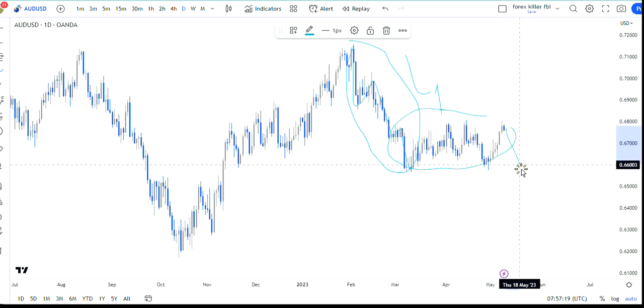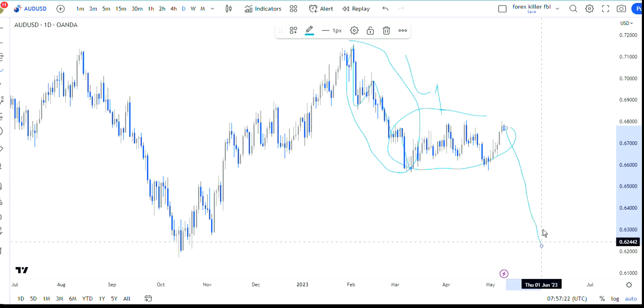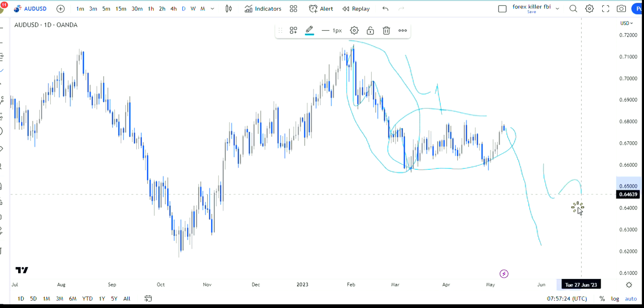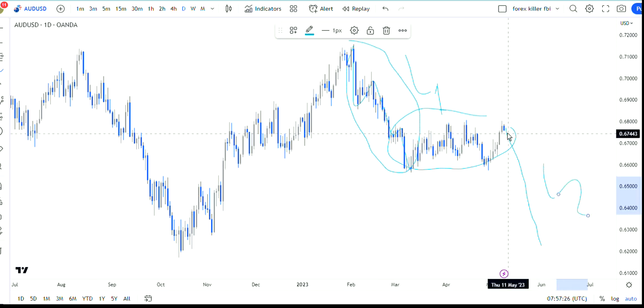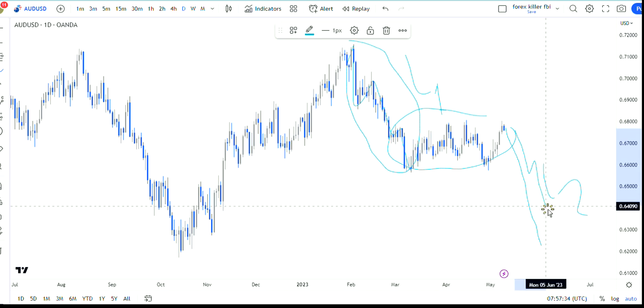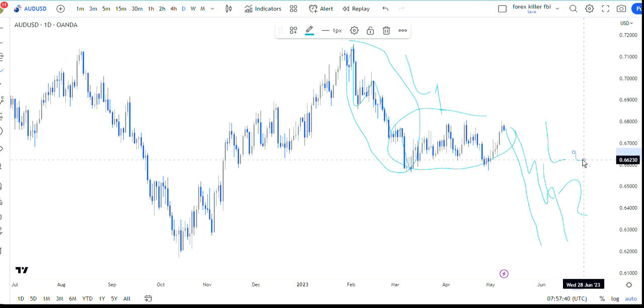Then we will be having an aggressive level 2, right here. But inside level 2 we will be having momentum right here, that we will be having impulse, correction, impulse, correction, then impulse. All right, then this is what we call level 2. Then I think you get me.